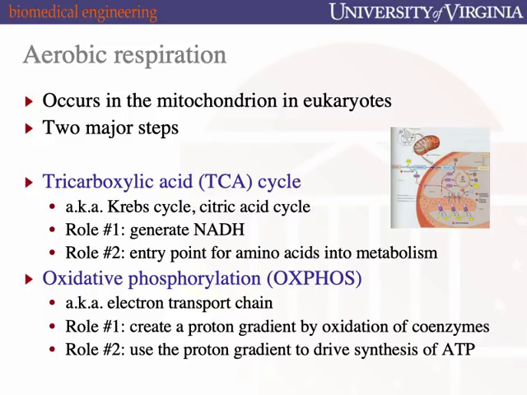First is to generate more reducing equivalents, including NADH and another coenzyme that I haven't introduced yet, but we'll talk about today. So more reducing equivalents, which up to this point are mysterious to you, not yet understanding where these are useful. Those will come into the second step of aerobic respiration.